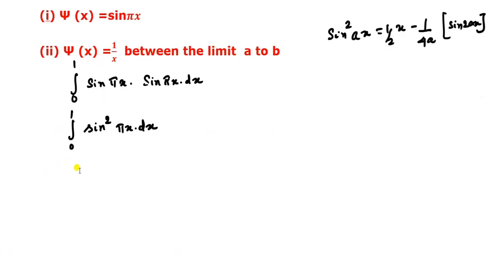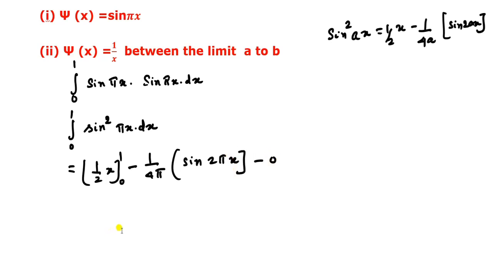We can expand this. This is equal to 1 by 2 x, with the limit 1 and 0, minus 1 by 4 pi, here sine 2 pi x minus 0, with limit 1, 0.